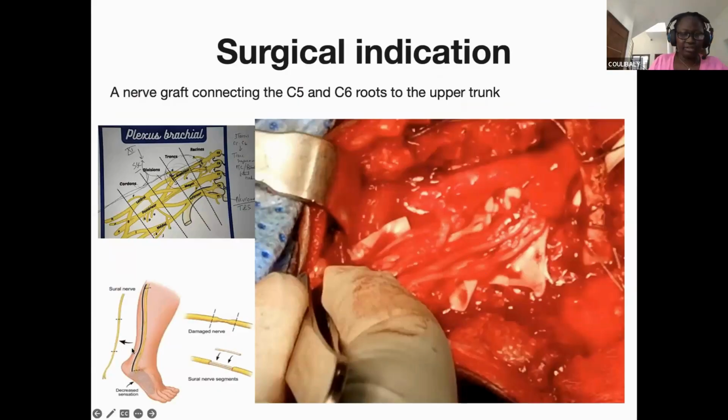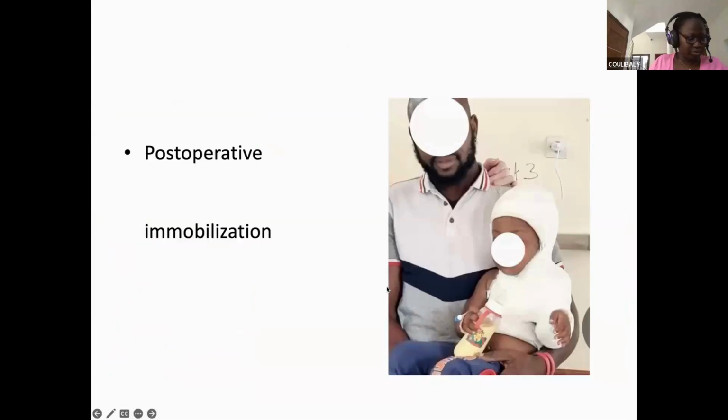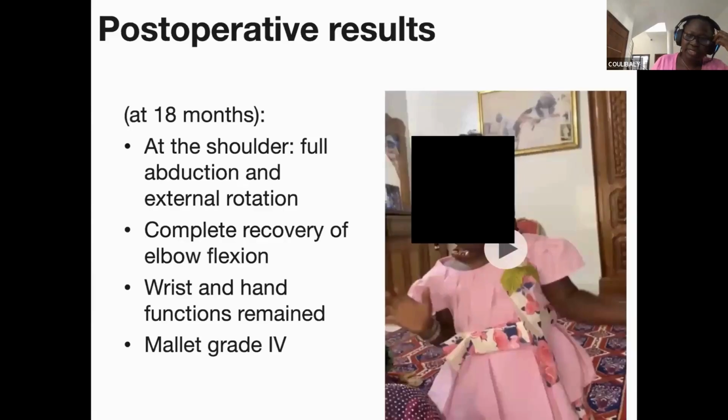After this we do this type of immobilization for 6 weeks, followed by physiotherapy. We see her at 6 months. She began to have motion at 1 year.